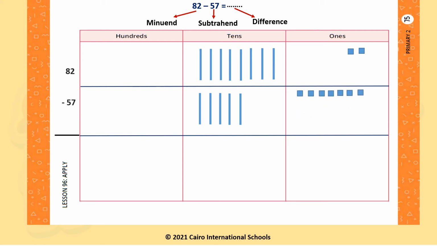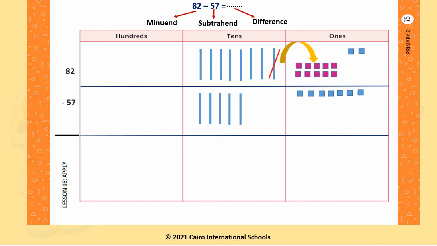Now we want to subtract 2 minus 7. Do we have more in the top? No. So we will regroup. We will take 1 ten. So we go to tens and take 1 stick. Knock, knock, knock, knock. 8, can you please give me 1 stick or 1 ten? 8 will say okay.